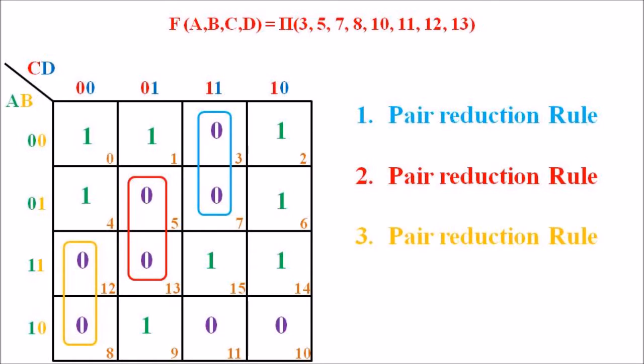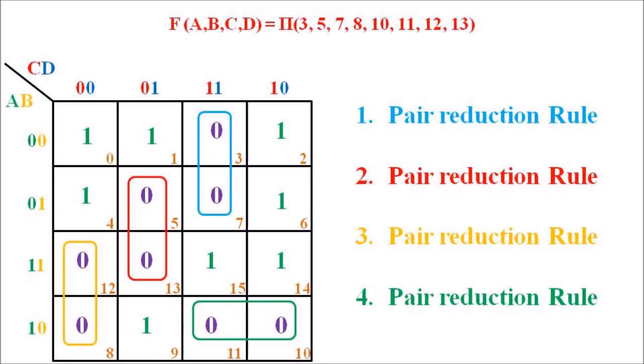Thirdly, another pair with the cells 8 and 12, marked in yellow color. Finally, the fourth pair is between the cells 11 and 10, marked in green color. So here we got 4 different pairs, and next we have to reduce these individual pairs.